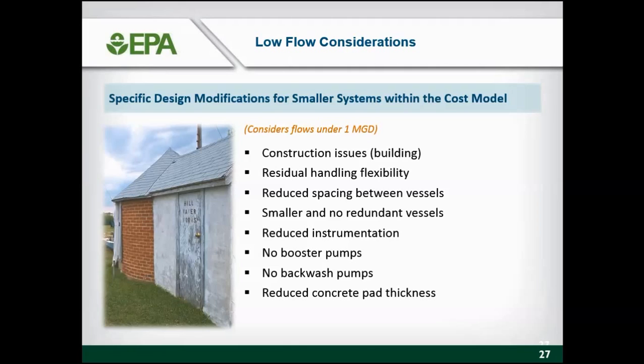Some things are almost very simple, like reduced concrete pad thickness. For skid-mounted systems, you can get away with 6 inches of concrete instead of 12 for a large system that has much heavier weights. And reduced indirect costs. Skid-mounted systems require less design because they're already designed, and they're very easy to install. So you have limited and reduced indirect costs, such as lower mobilization and demobilization costs. You have lower construction management costs because the setup is very easy.